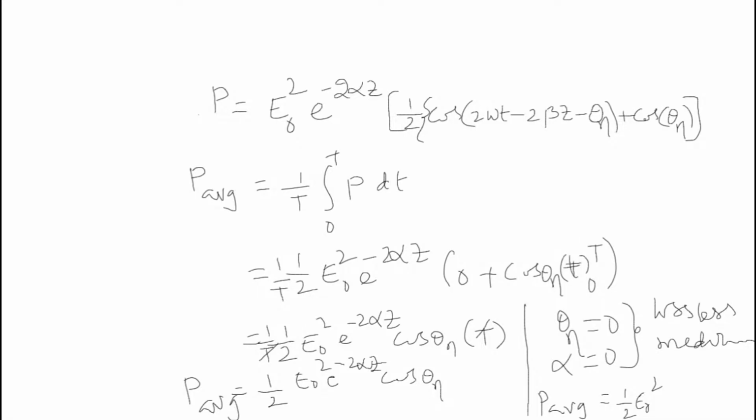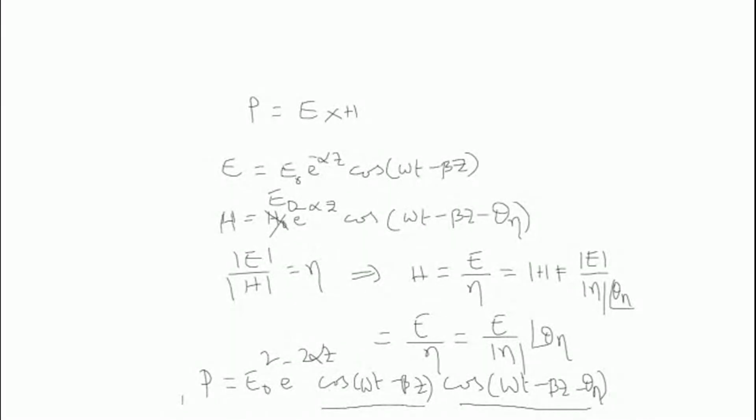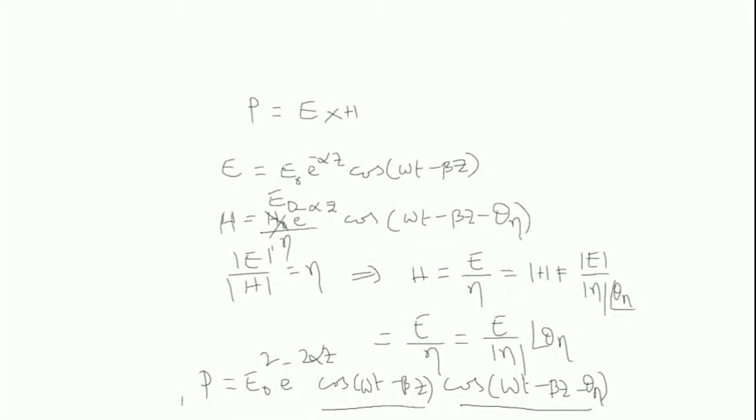Actually, I forgot to write one thing, that is E naught square divided by neta. Here we forgot this neta, because H is equal to E naught by neta, mod E by neta. So I forgot to write this H, because H can be written as E by neta.